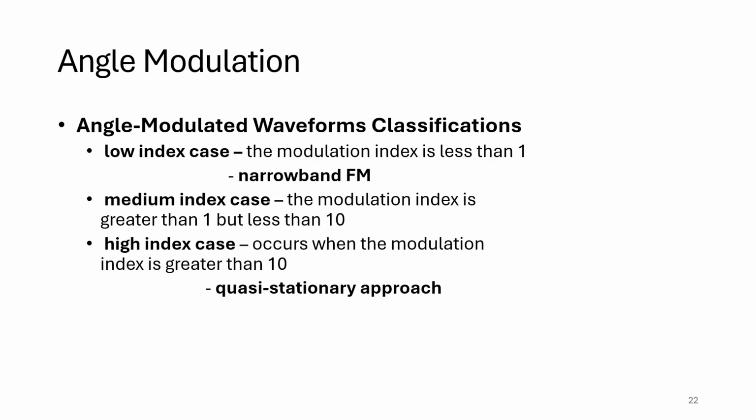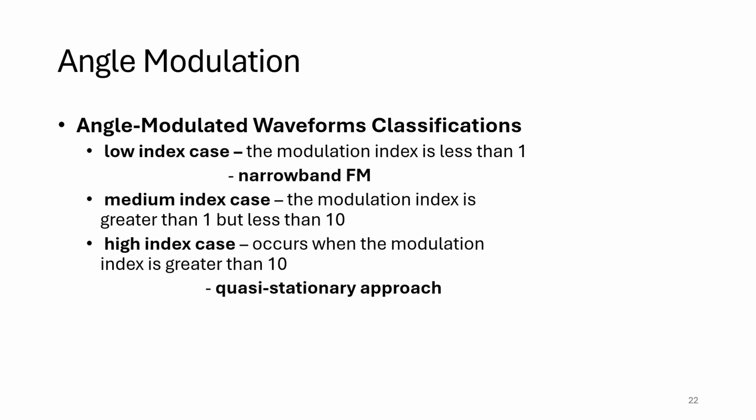Here we have the angle modulated waveform classifications. For low index cases, the modulation index is less than 1. We term this narrow band FM. Then we have the medium index cases, wherein the modulation index is greater than 1 but less than 10.